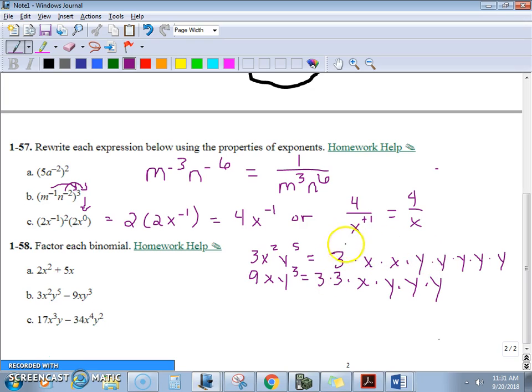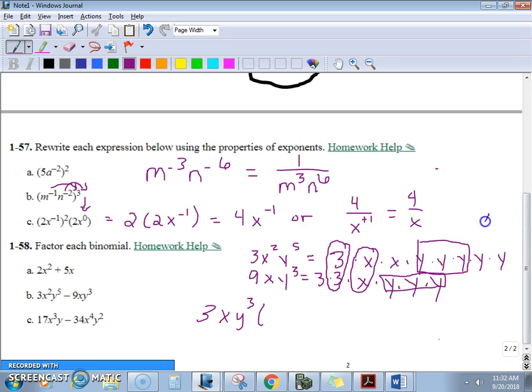And we're going to figure out what these two have in common. So they each have a 3 at least. They each have an x at least. And there's 3 y's here and 3 y's here. That's what we are going to factor out. So what I'm going to factor out is 3xy cubed, parenthesis, and then what's left over is what's going to stay in.